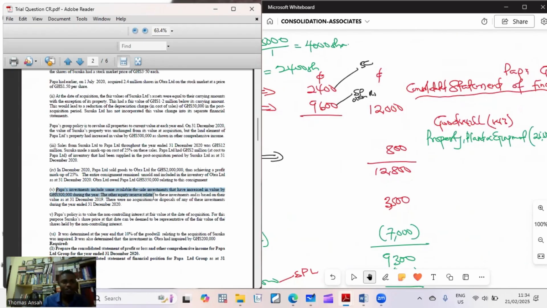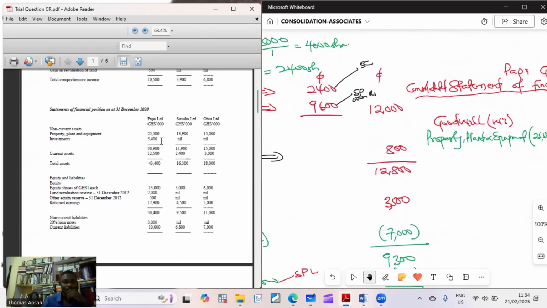And I think I saw Pape's investment. So look at this. Pape's investment includes an available for sale, which increased in value by 300,000. So these are the things you are supposed to check, because the investment that is here is this, and your purchase consideration, whatever it is, probably you have been told is the difference in the balance.